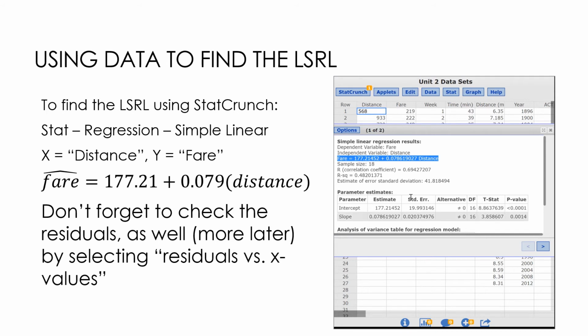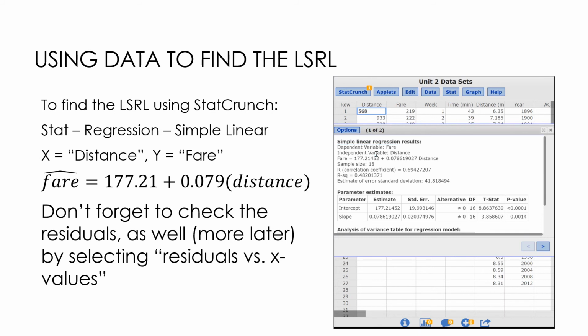In terms of what to round to, just pay attention to the instructions either in my stat lab or in your assessments. It also gives me the R value, which we've talked about. It also gives me my R squared value, which we will talk about. And it clarifies up here which variable is which. Notice that StatCrunch is using dependent and independent instead of explanatory and response.